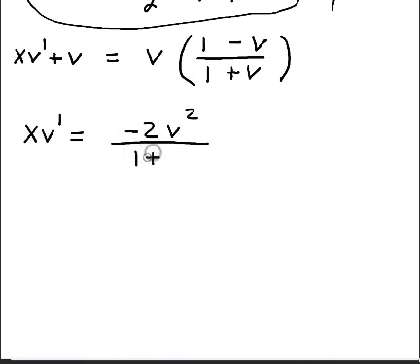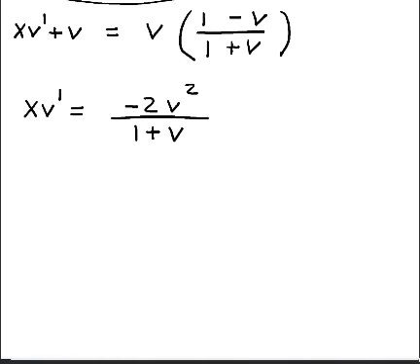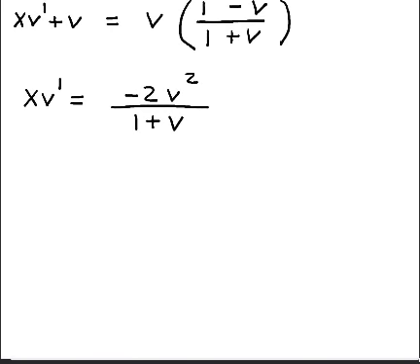Now I recommend that you do this for practice because you'll have to do something similar to this on an exam. So go through the algebra, subtract v, find a common denominator, add them together, and you'll notice that you get this right here.